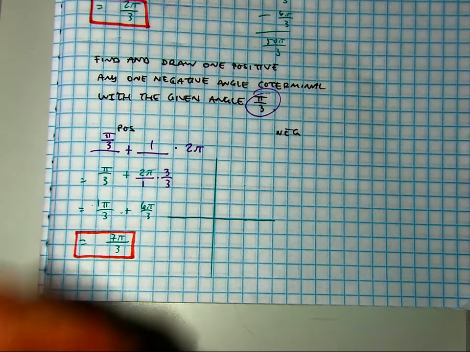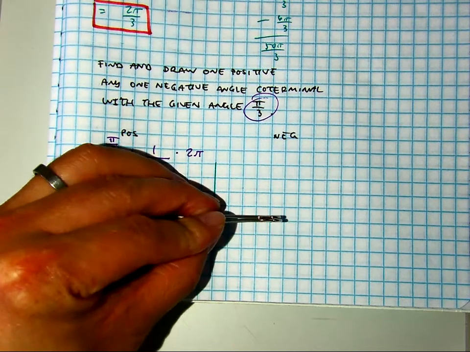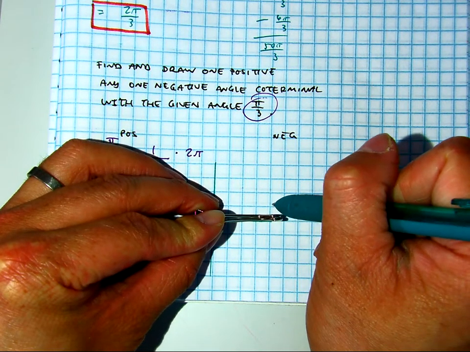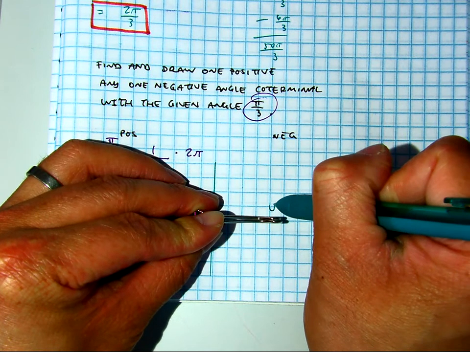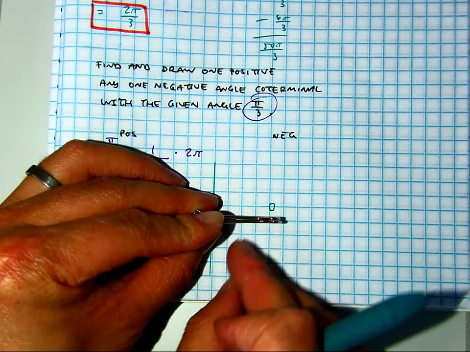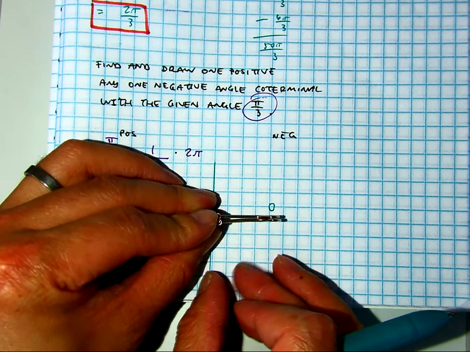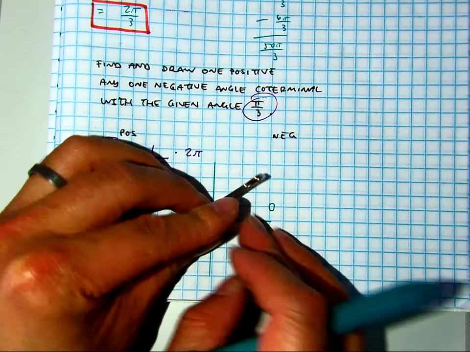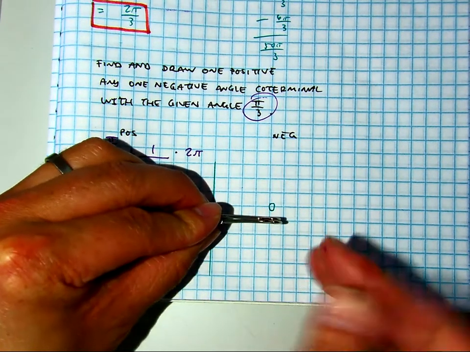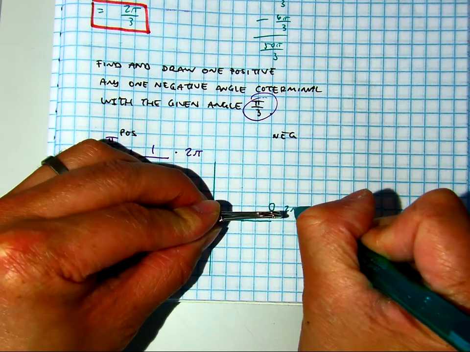My angle is measured in radians. This would be 0 radians. If I do a full rotation that's positive, instead of degrees, in radians a full rotation is 2 pi. 0 radians and 2 pi are the same.